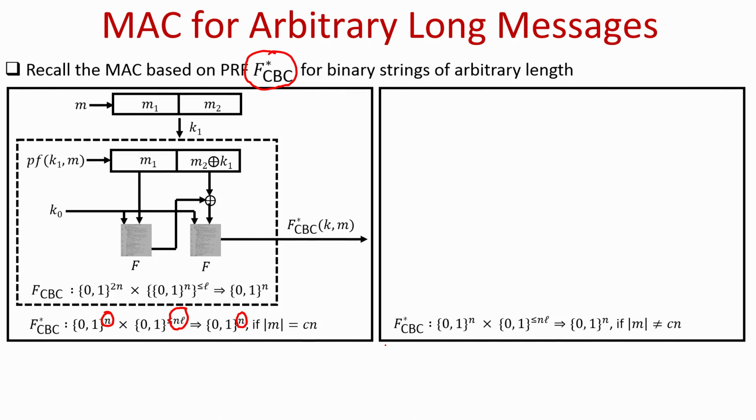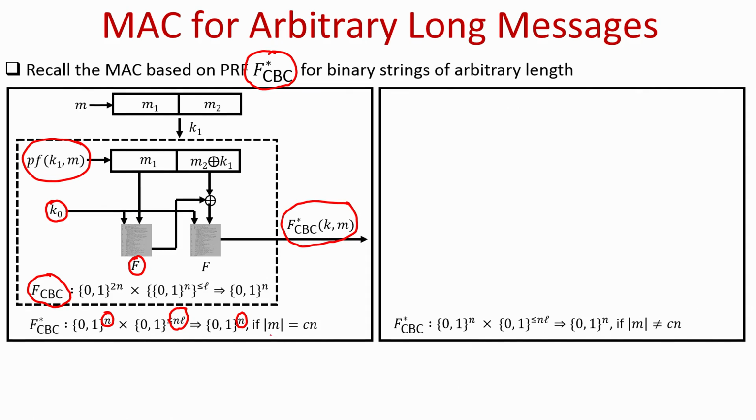In that case, we first apply a prefix free randomized encoding operated by a key k1, and once we have the prefix free encoding of your message, we evaluate the CBC mode of PRF which is block wise secure, and where the number of blocks in the encoded input m is already a multiple of the block size of your fixed size PRF F, and this we operate using another key k0, and the overall output is taken as the output of your PRF F star for the input m.